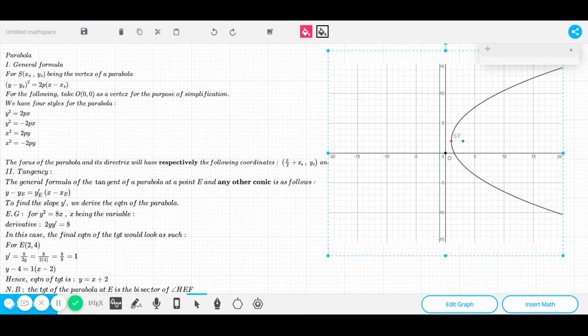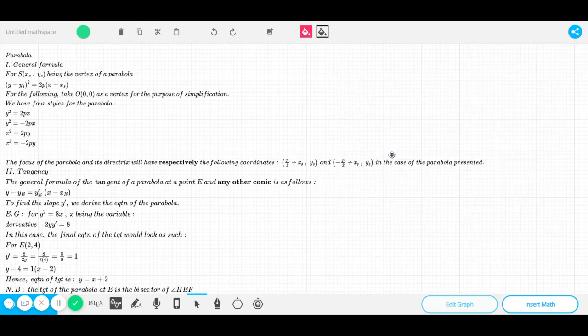Now, moving on to the tangency of the parabola. The general formula of a tangent at a point E, as I had given in this example, would be y minus y of E equal to the slope times x minus x of E. When we say y prime, it's basically the slope.